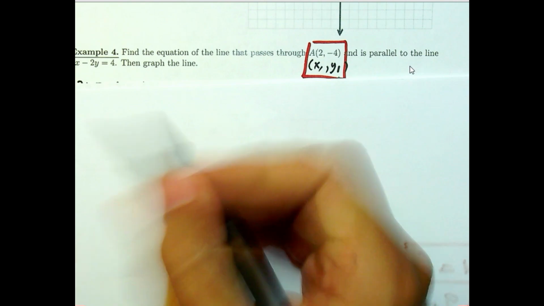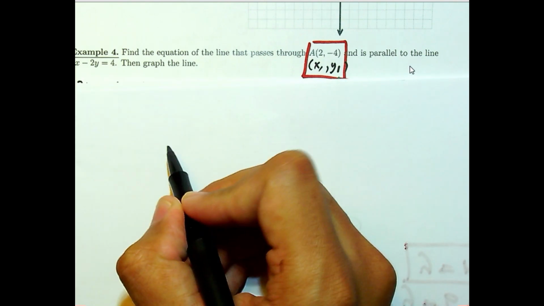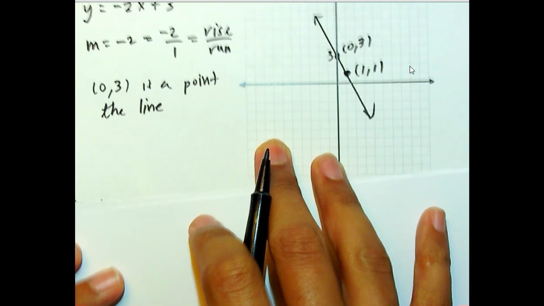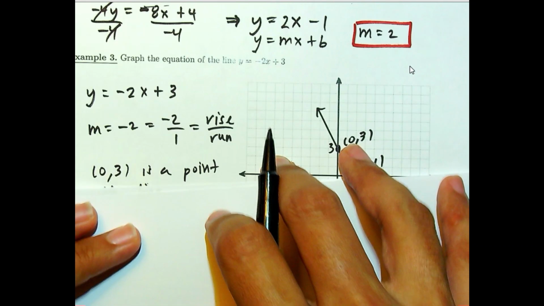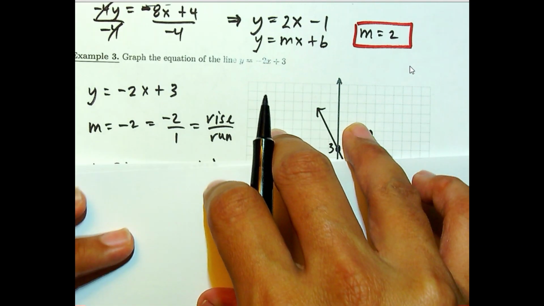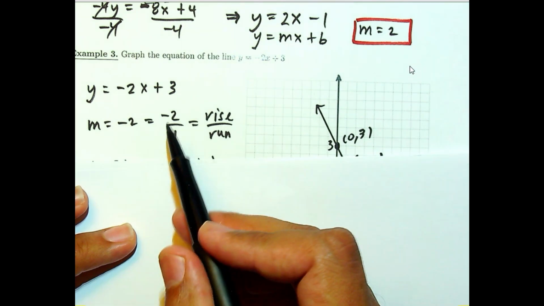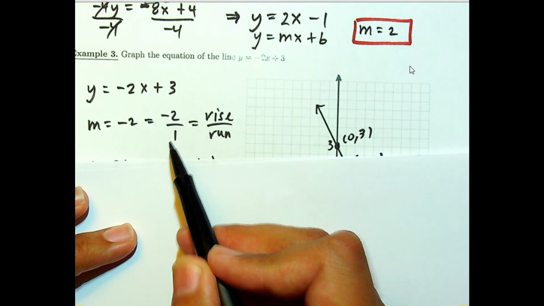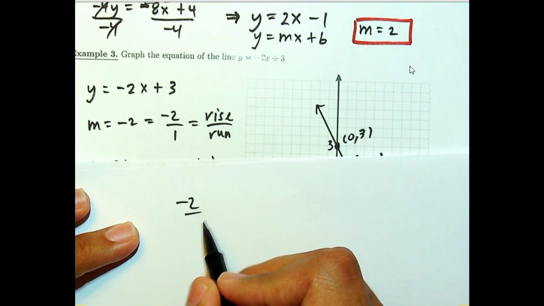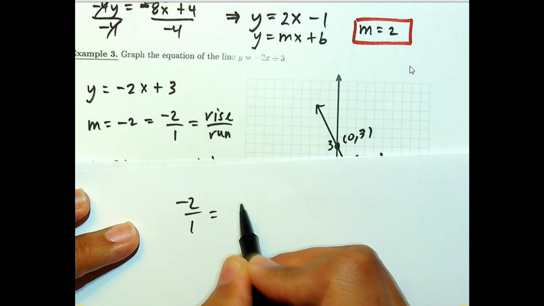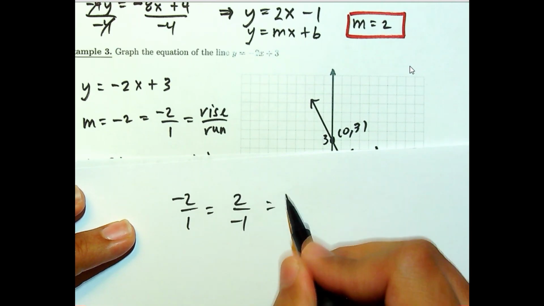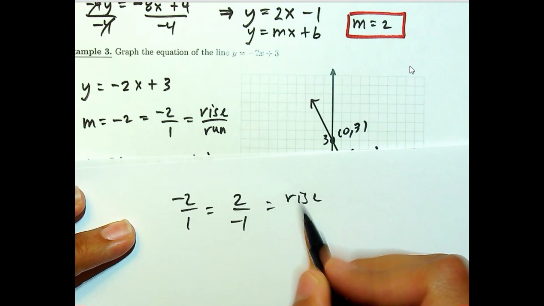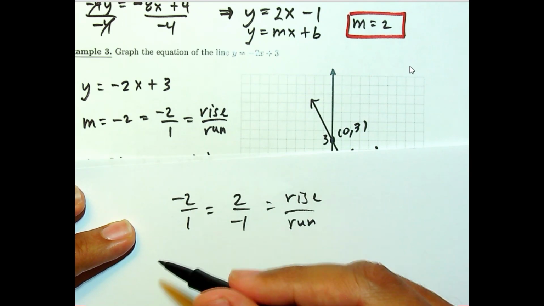If you have a slope that is negative, like this one, right? Remember I told you that if you have a fraction that is negative, you can have the negative sign on the bottom, and it's still the same thing. So negative 2 over 1 is really the same thing as 2 over negative 1. So that means I could also have done rise 2 and move 1 to the left.